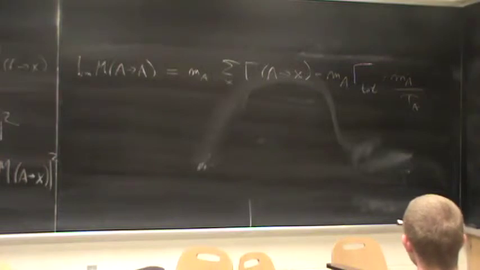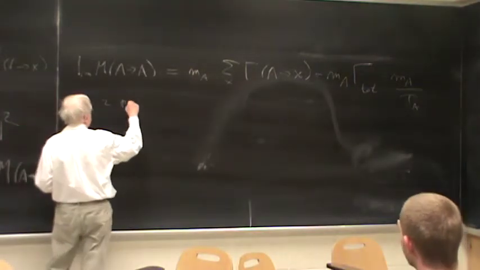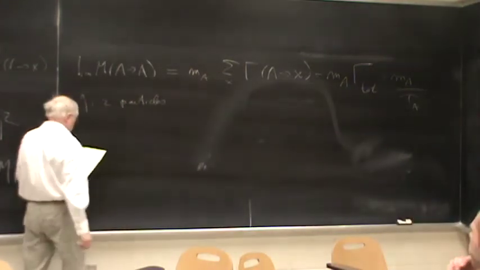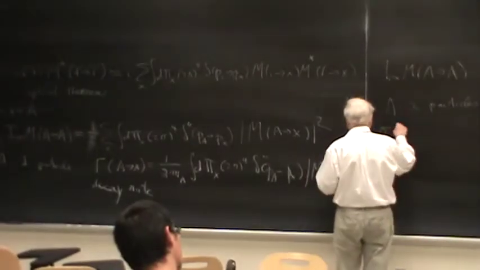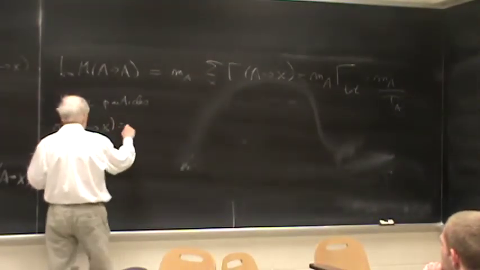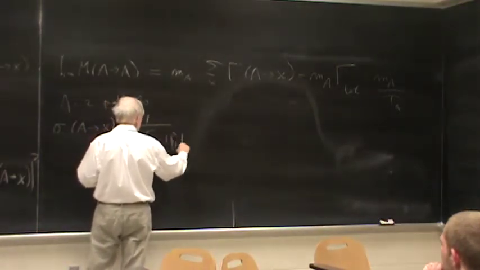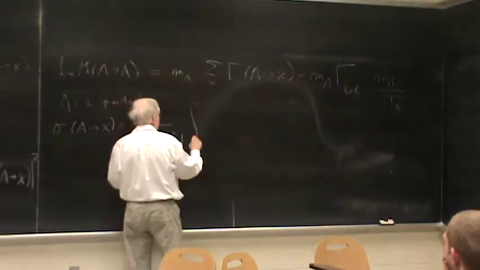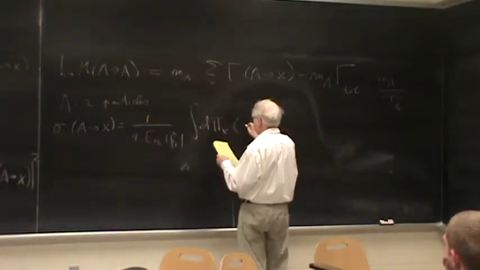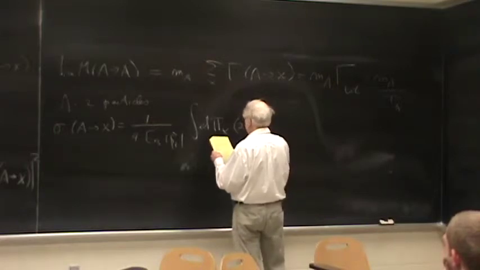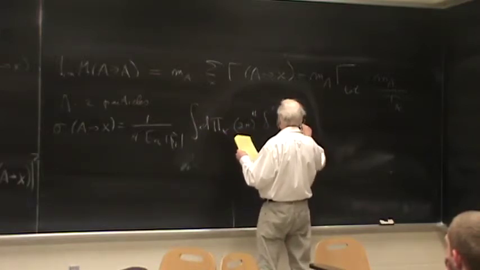All right, now let's look at the case of two particles. So if A is two particles, then the cross-section, sigma, if A goes to anything, and we're here in the center of mass and so forth, E center of mass, the momentum in the initial state, integral phase space of the final state particles, 2 pi to the fourth, delta fourth, P_A minus P_X.